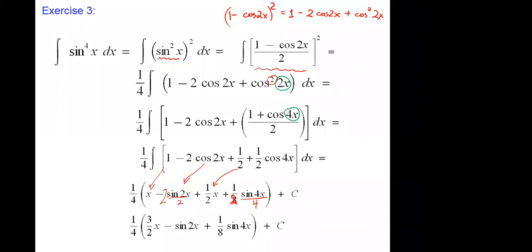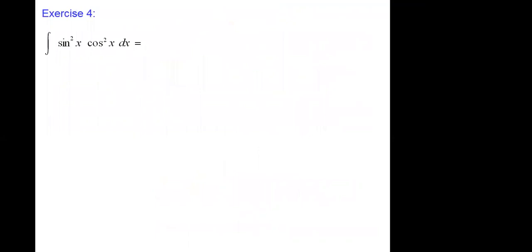Okay, exercise number 4. Now we do have a proper type that I actually start with. Sine square of x times cosine square of x. Product, both of the powers are even. We have to do this. Half-angle formula for sine square of x and half-angle formula for cosine square of x. 2 times 2 is 4.